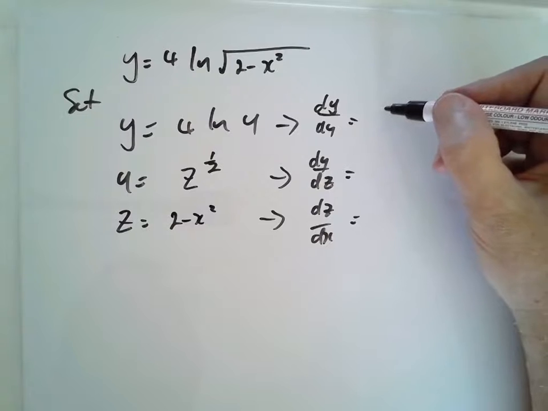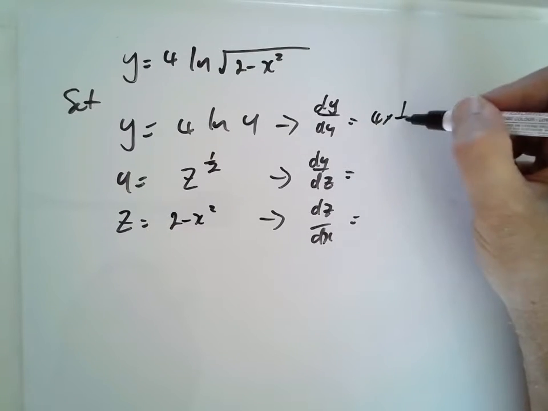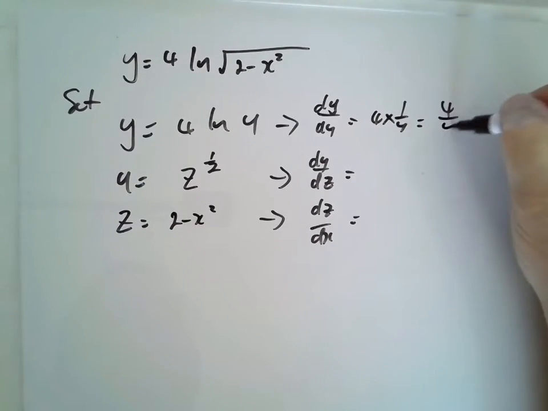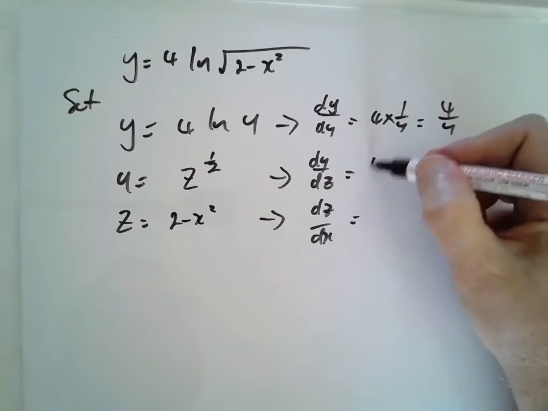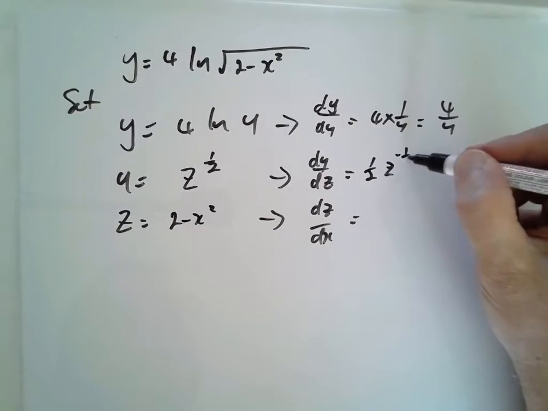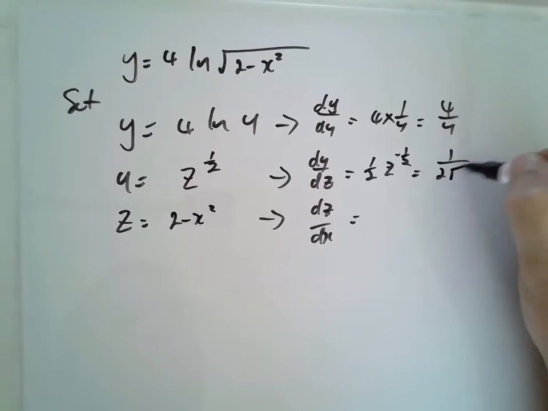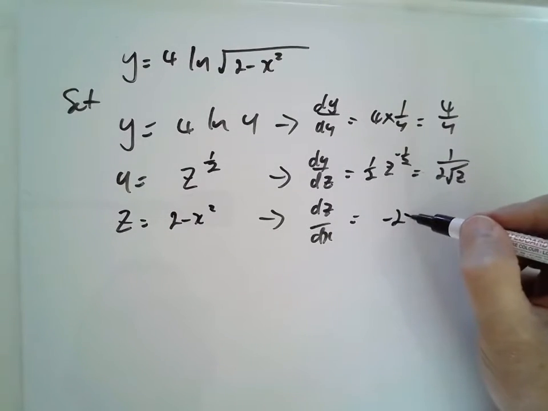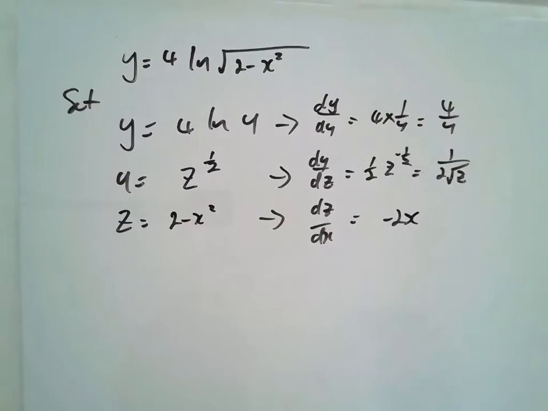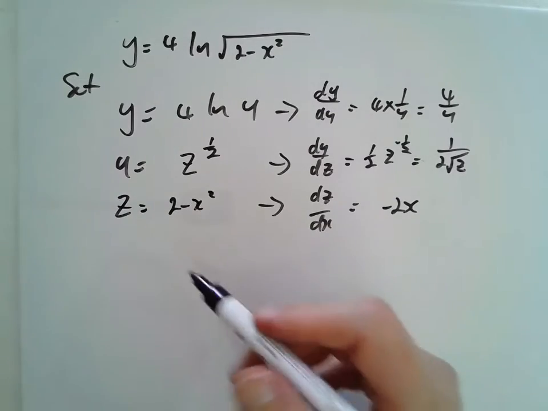So that's going to be 4 times 1 on u, which is just going to be 4 on u. It's going to be a half z to the minus a half, which is 1 on 2 root z. And this one will just be minus 2x. So it's a nice looking chain rule, chain in a chain.